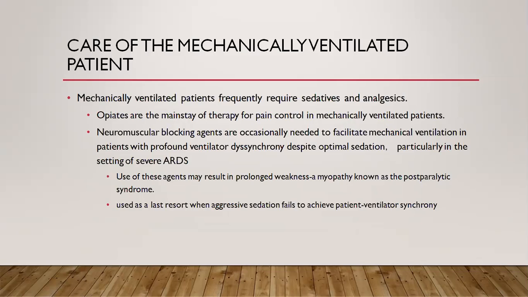This is common among patients with severe ARDS. Use of these agents may result in prolonged weakness, myopathy, known as the post-paralytic syndrome. It can be used as a last resort when aggressive sedation fails to achieve patient-ventilator synchrony.